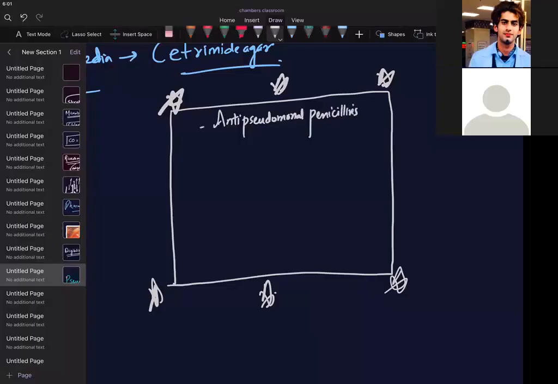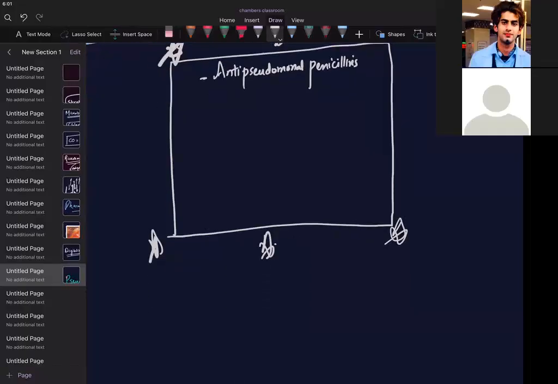What are the anti-pseudomonal penicillins? To remember them easily, we will remember them as CityMap. C for carbenicillin.